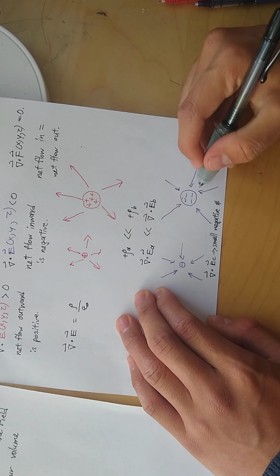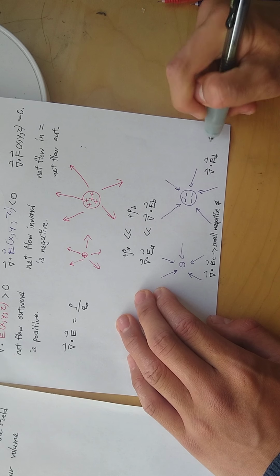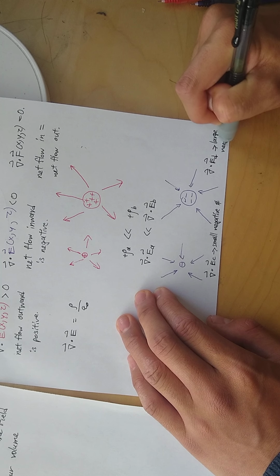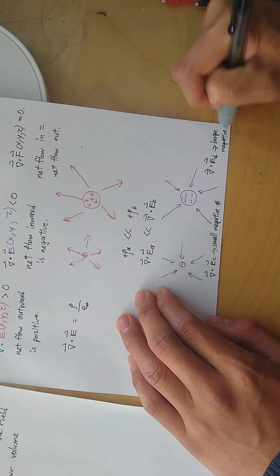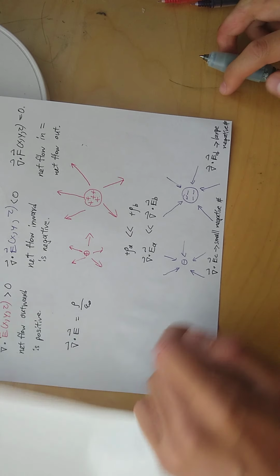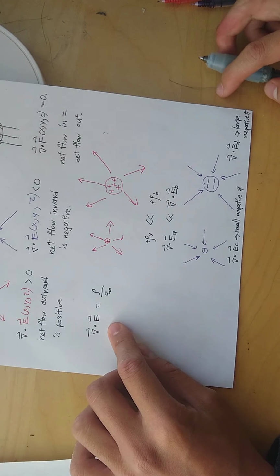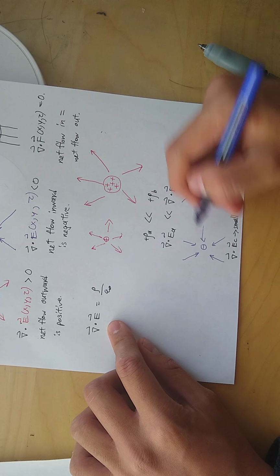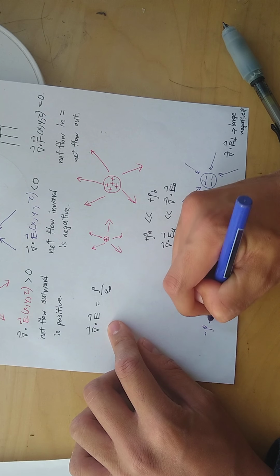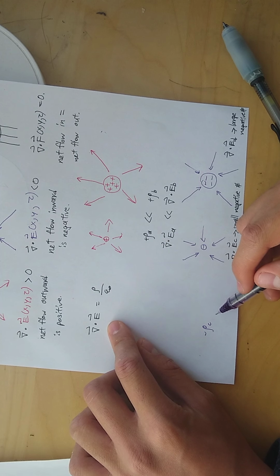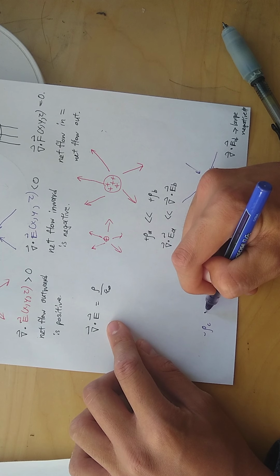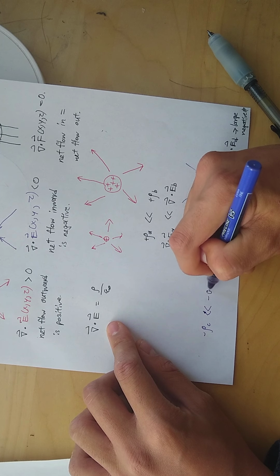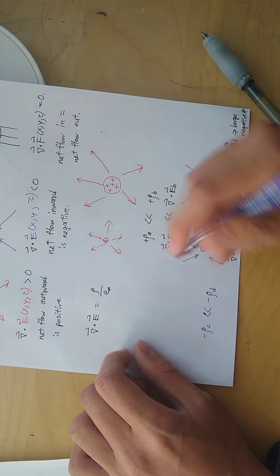In this case, the divergence for the case D returns a large negative number. And using this equation, this is a small negative charge density. So for C, you have a small negative charge density. But for case D, you have a very large negative charge density.